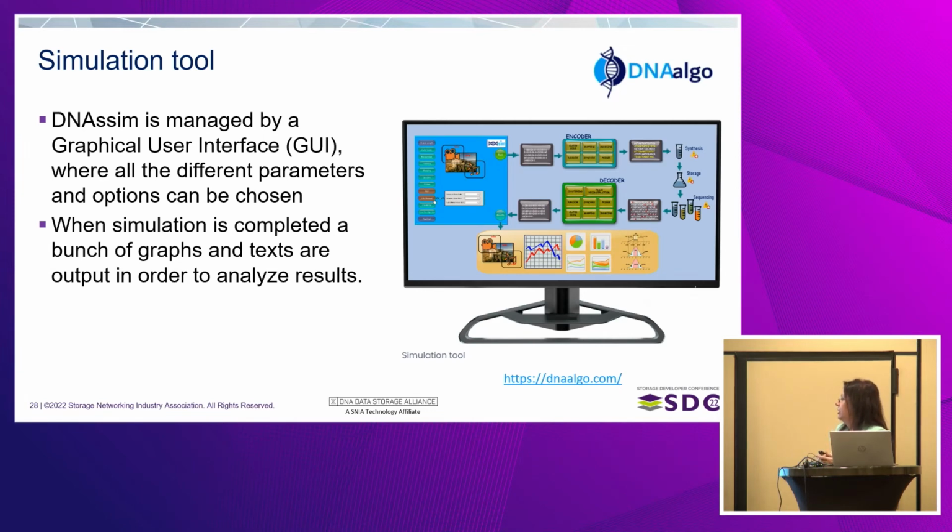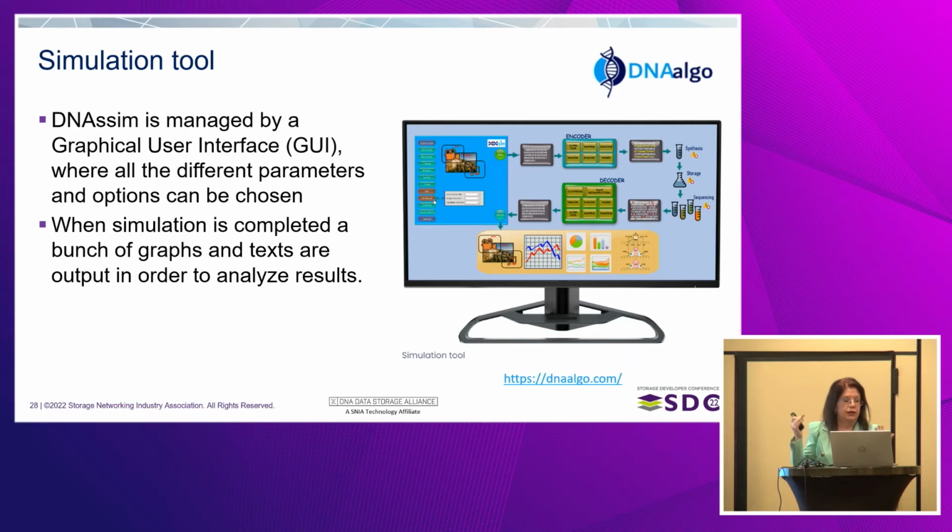Our simulator is managed by a graphical user interface, and we have a lot of parameters there. In fact, the primary use of the simulator is to make something like a design space exploration over all the possible combinations of algorithms on a specific noise model.